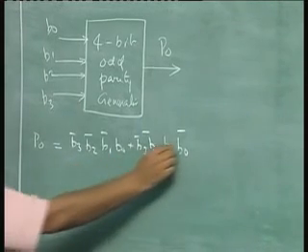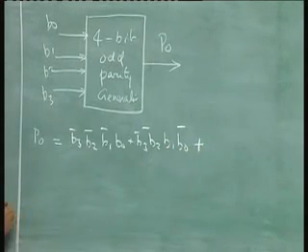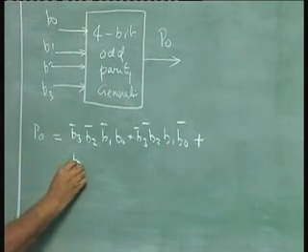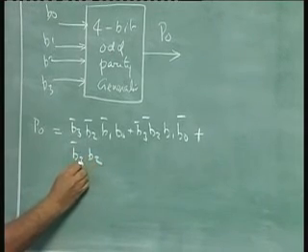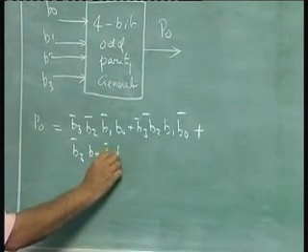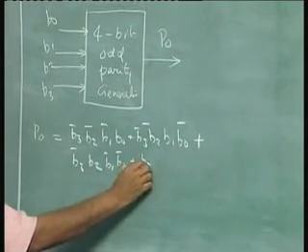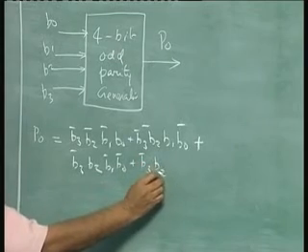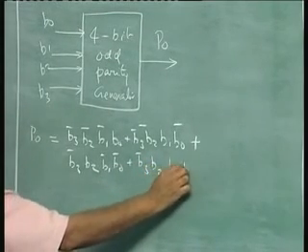The second 2 terms: B3 bar, B2, B1 bar, B0 bar; B3 bar, B2, B1, B0.